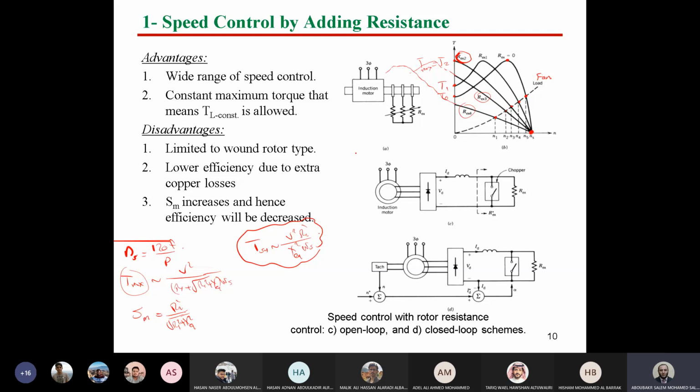What has happened to S maximum, which is the slip at maximum torque? You see, S maximum is proportional to R2 prime, which means if you add more resistance, S will be increased. And you know, S here equals unity, and here equals 0.